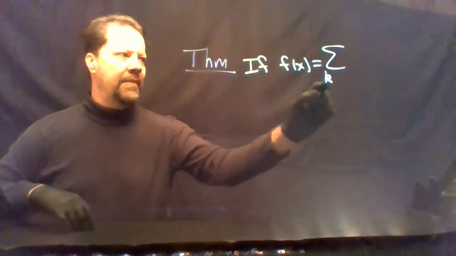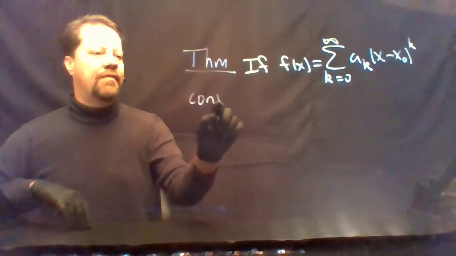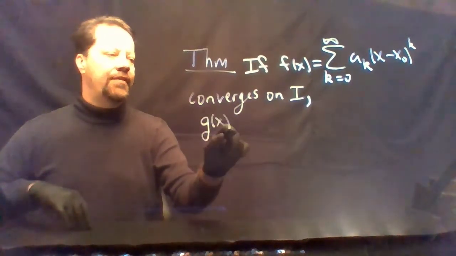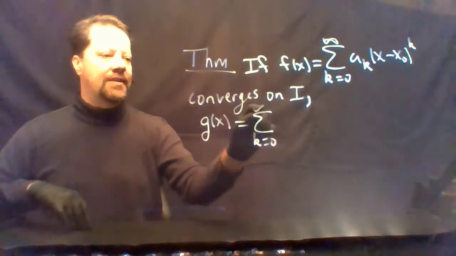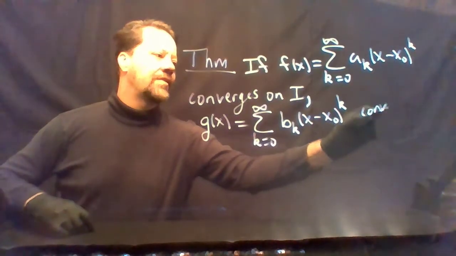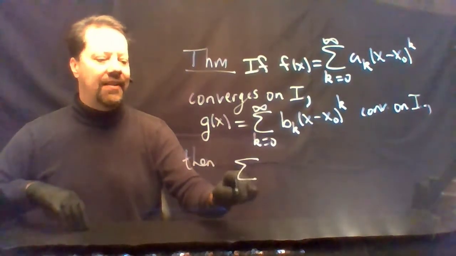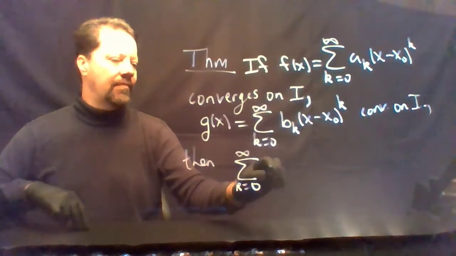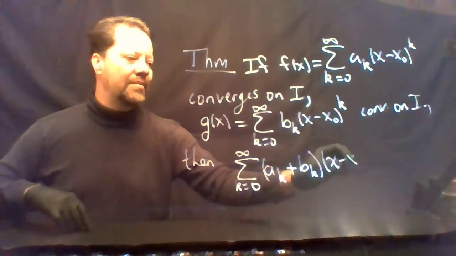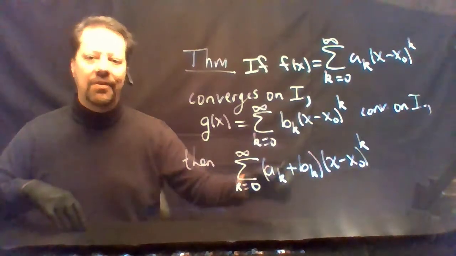If f can be expressed as a power series and this series converges on an interval I, if g of x also is expressible as a power series with the same center and also converges on the same interval I, then when we add these two series together, you can combine like terms, and to do that, you just combine the coefficients, because you can factor these out from the two coefficients.